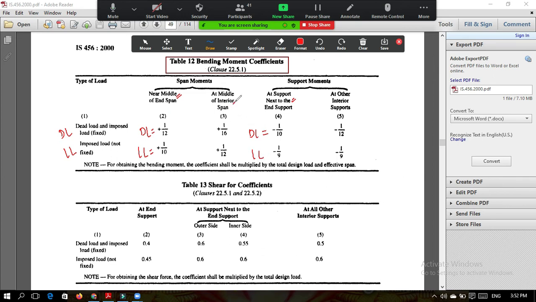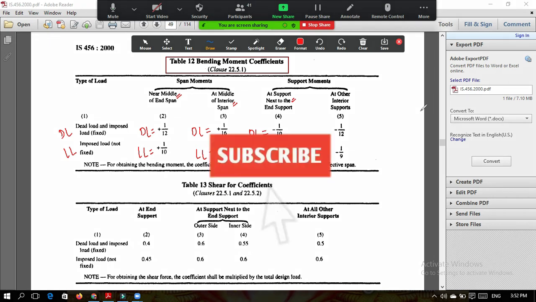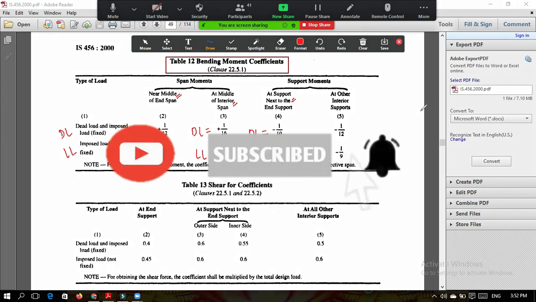And then at the middle of interior span, whatever the central span is, at the middle of that span your bending moment coefficient is 1 by 16 for dead load and 1 by 12 for live load.